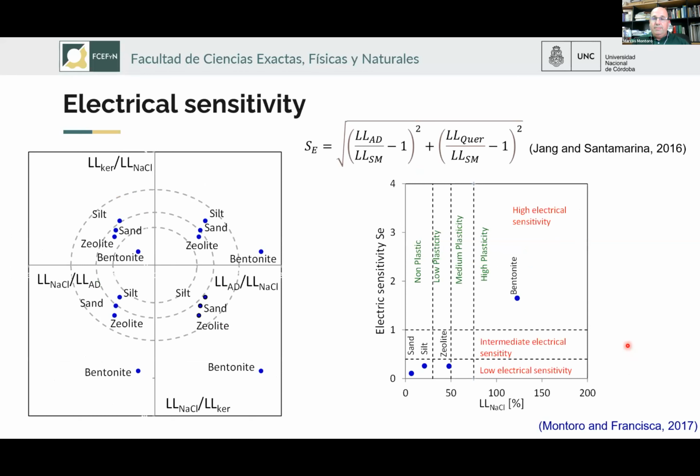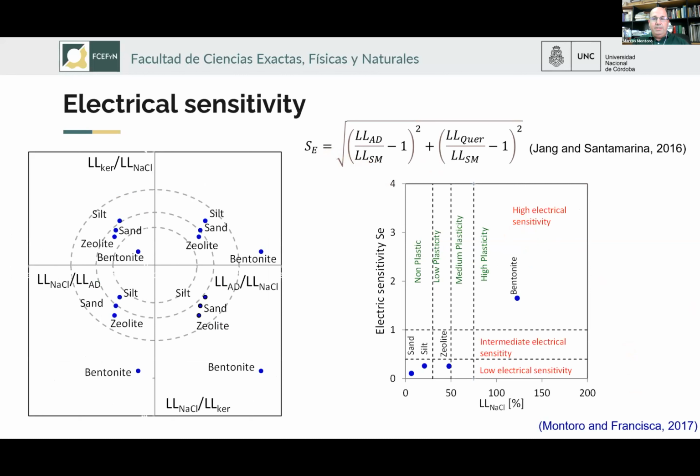These results of the liquid limits measured with kerosene and sodium chloride solution allowed us to compute the electrical sensitivity of the fine particles and to identify the geoenvironmental behavior expected for this material using the classification proposed by Yang and Santamarina.